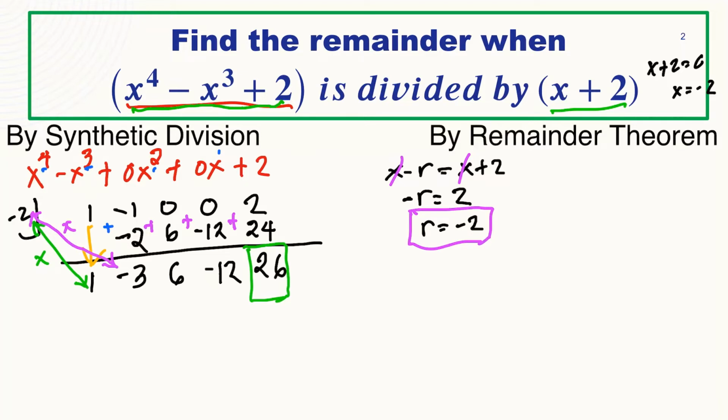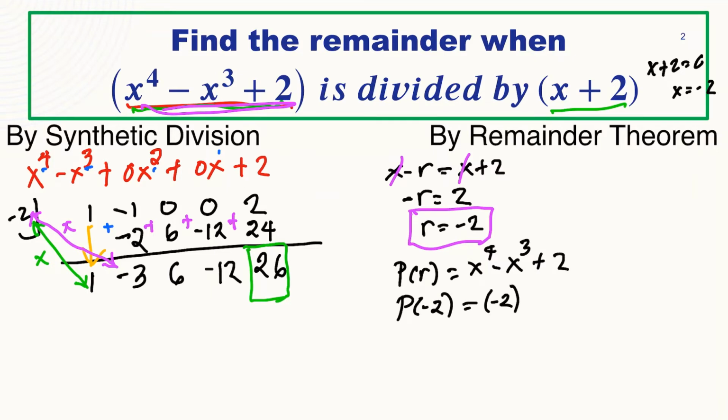Now we're going to substitute this into our p of x, which is this one. So p of r is equal to x raised to 4 minus x cubed plus 2. Substituting the value of r, p of negative 2 will give us negative 2 raised to 4 minus negative 2 raised to 3 plus 2.